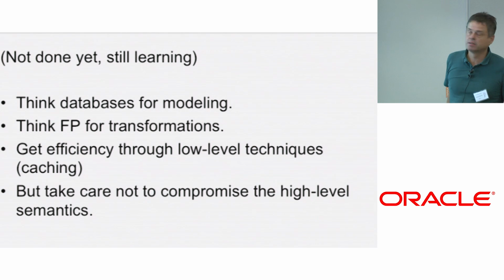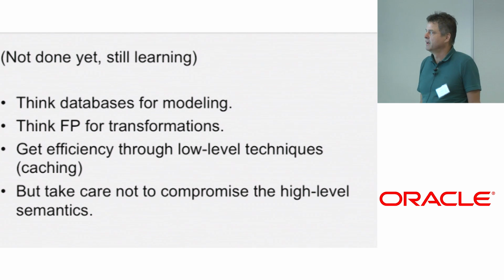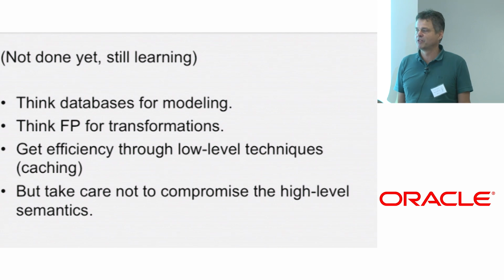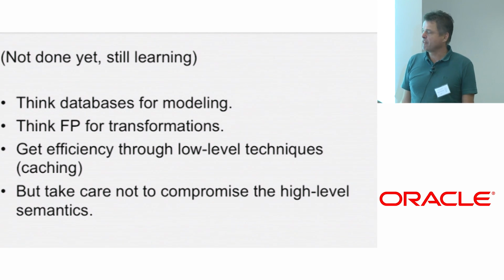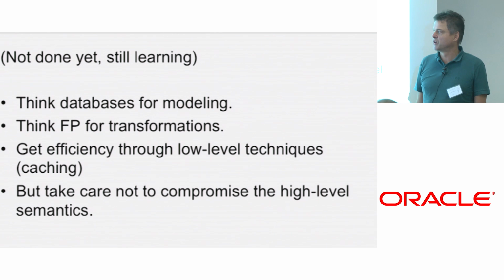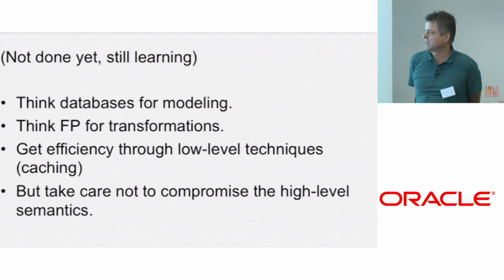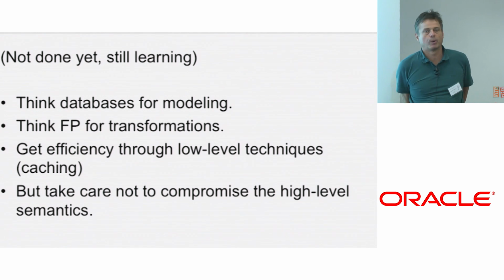So, lessons learned. We're not done yet. We're still learning. I think databases for modeling is a good idea. A lot of things were learned from the database community. FP for transformations is also a good idea. And then the question is how to get the efficiency. There, on the one hand, you pay a price with functional.